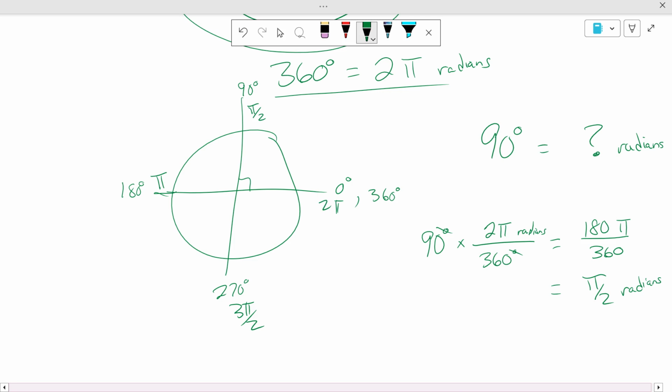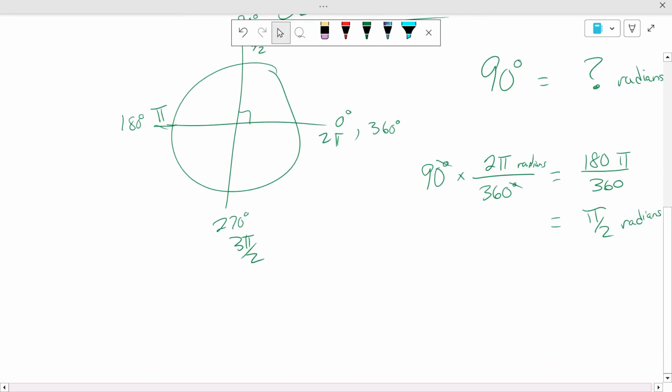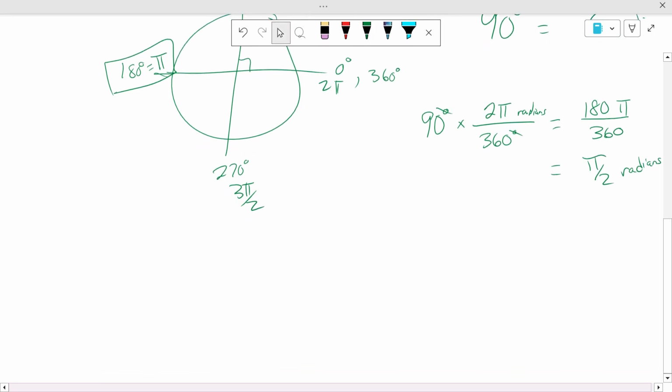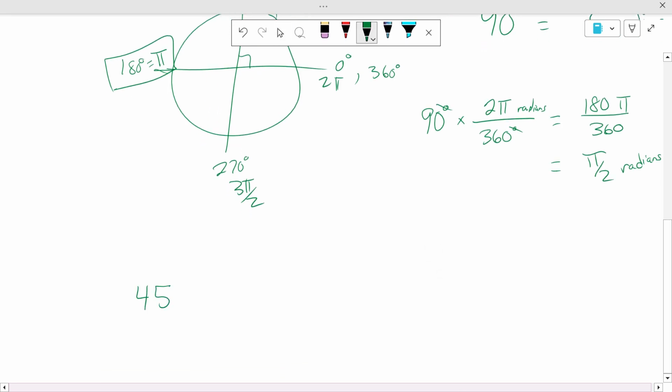So we can figure out any angle in terms of radians by using the conversion ratio. And instead of using 360 over 2 pi, we're going to use 180 and pi because that just is simpler. Okay. So if you have a 45-degree angle and you want to get to radians, you multiply by pi over 180 degrees.